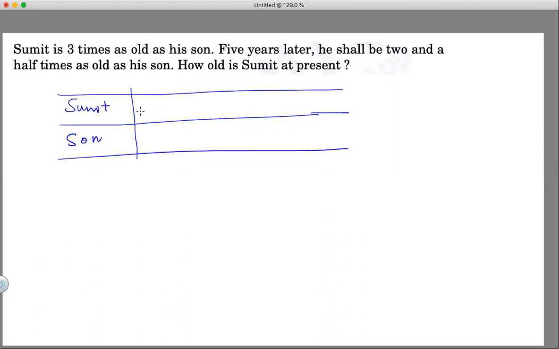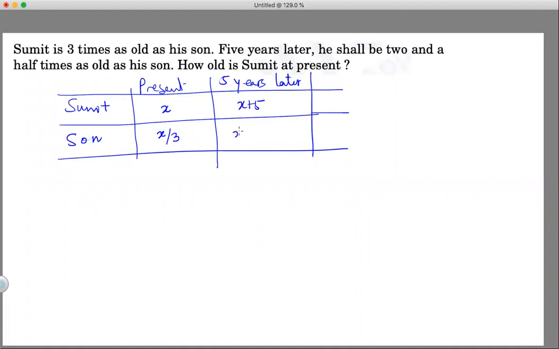So present, Sumit is x. So what is the son? X by 3, right? 5 years later, what will Sumit be? X plus 5.